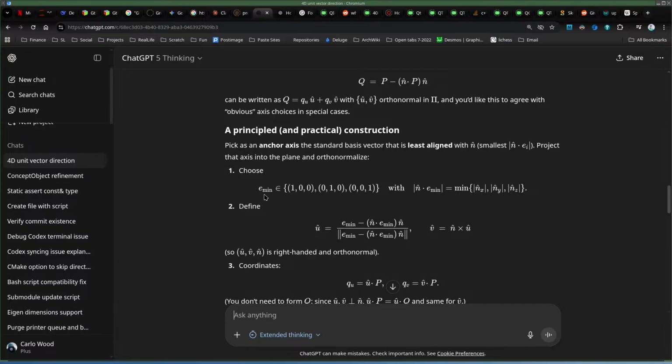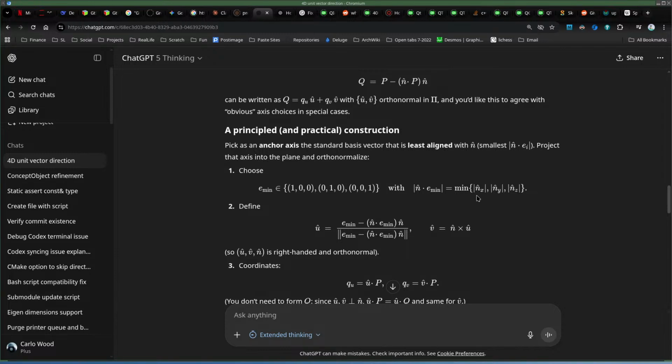So we choose the minimum e, which is an element of the set, so it's either the x, y, or the z unit vector, where the absolute value of the dot product with the normal vector is the minimum of the absolute values of the x, y, or z coordinate of the normal vector.